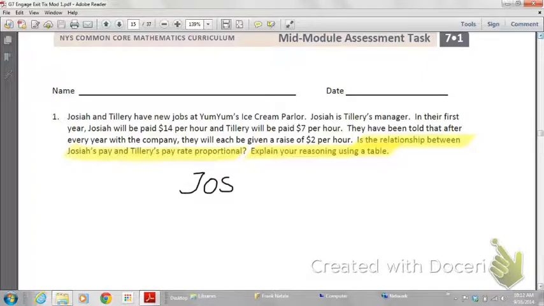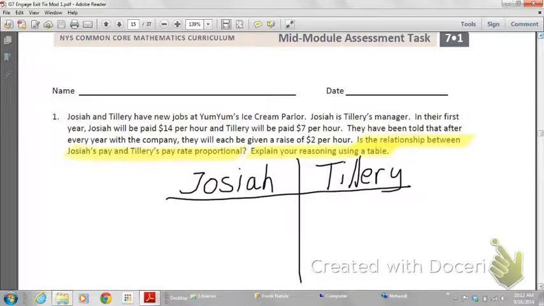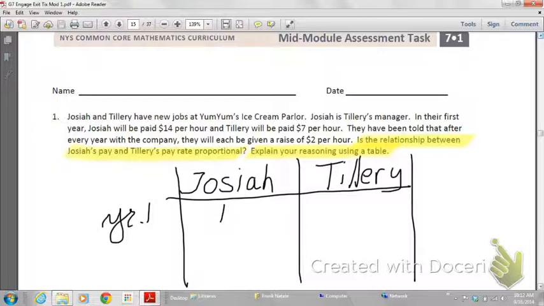Your basic table went like this, and I think most of the kids did a really good job. They had Josiah, and they had Tillery, and we know that year, so year 1, Josiah was being paid $14 per hour, and Tillery $7. That all comes from right up here.